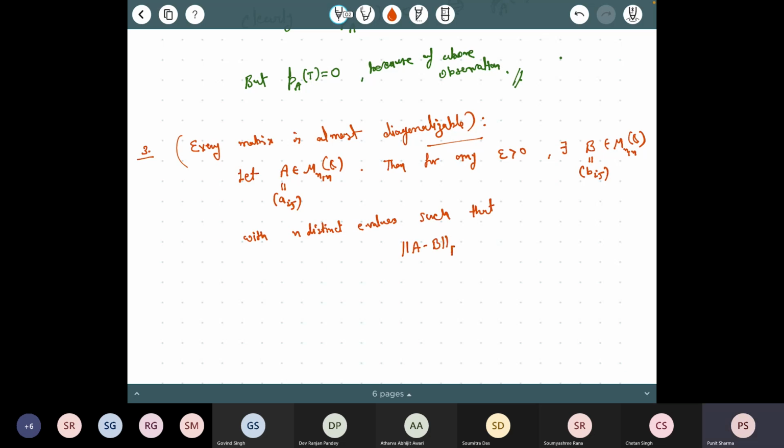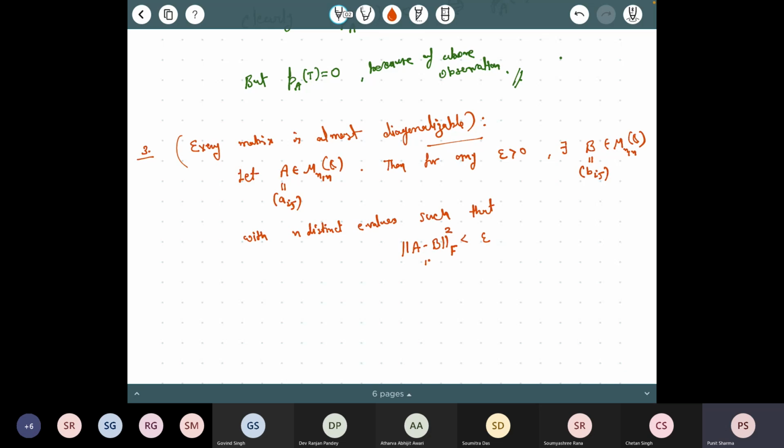I'm choosing the Frobenius norm, but you can choose any norm and accordingly construct this matrix B. For the Frobenius norm it would be easy to construct, but for other norms also it is not that difficult. So the Frobenius norm of A minus B is less than epsilon. Or if you want to avoid the square root in the norm, you can say that the square of the Frobenius norm of A minus B is less than epsilon.